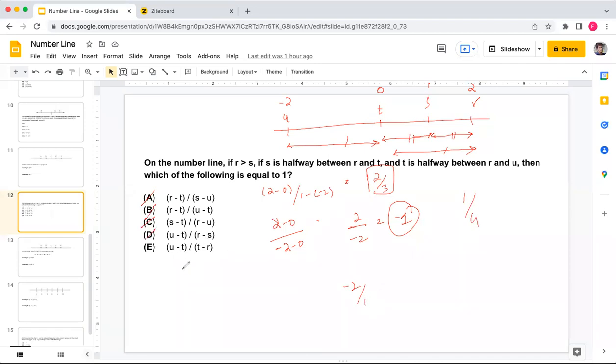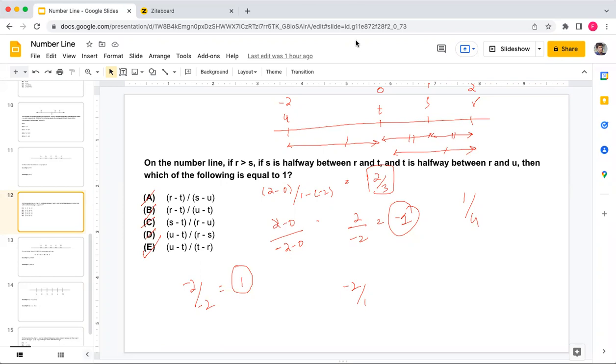And the last one is U minus T. And what is U minus T? That is -2. And what is T minus R? That is also -2. So that equals 1.